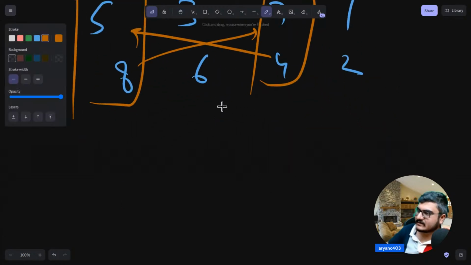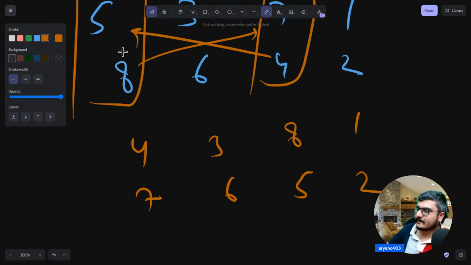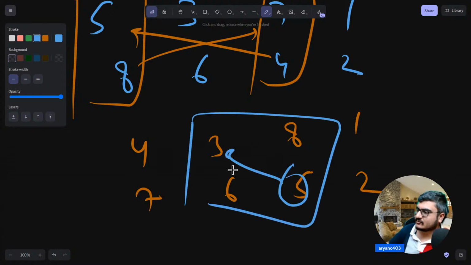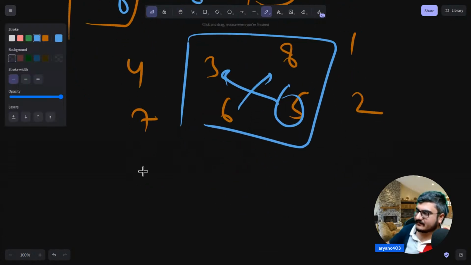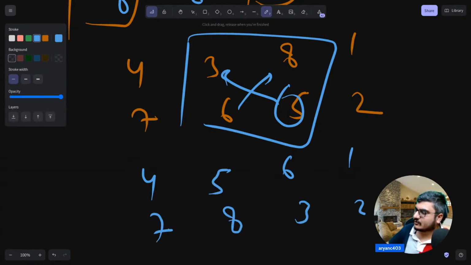We end up with 4 7 3 6 8 5 1 2. And let's do an operation here now. This goes here, this goes here. We will end up with 4 7 5 8 6 3 1 2.